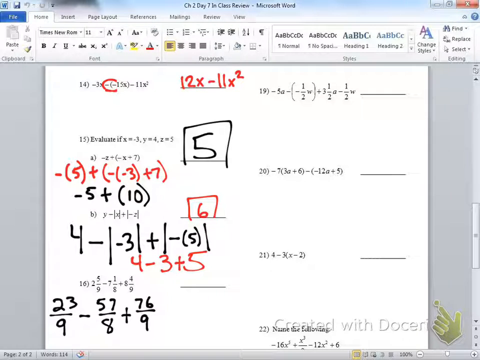Good. Do any of these simplify? Okay, so before I do anything crazy, because I don't really feel like multiplying 57 by 9 to make the common denominators. Everybody see that? I'm going to try to combine these and see if they clean up a little nicer.